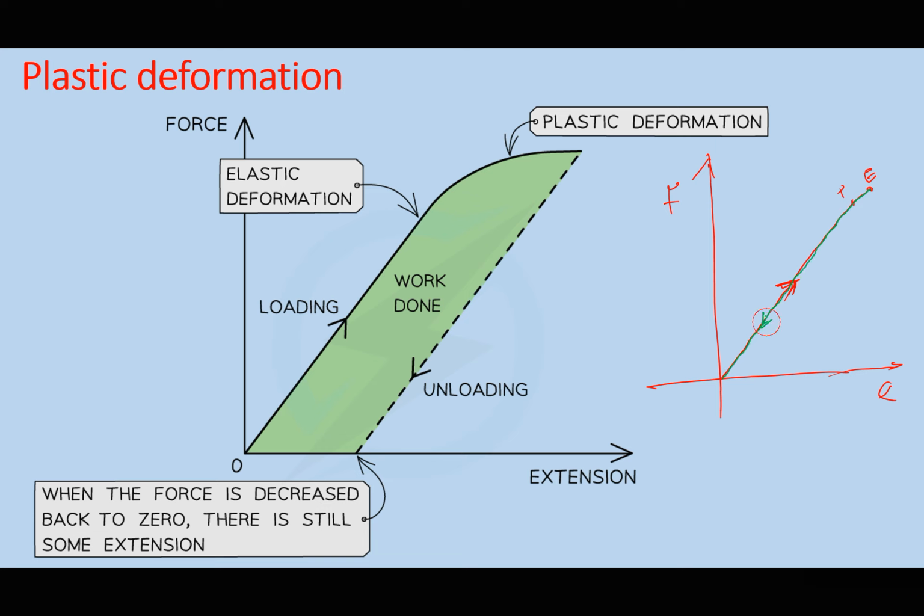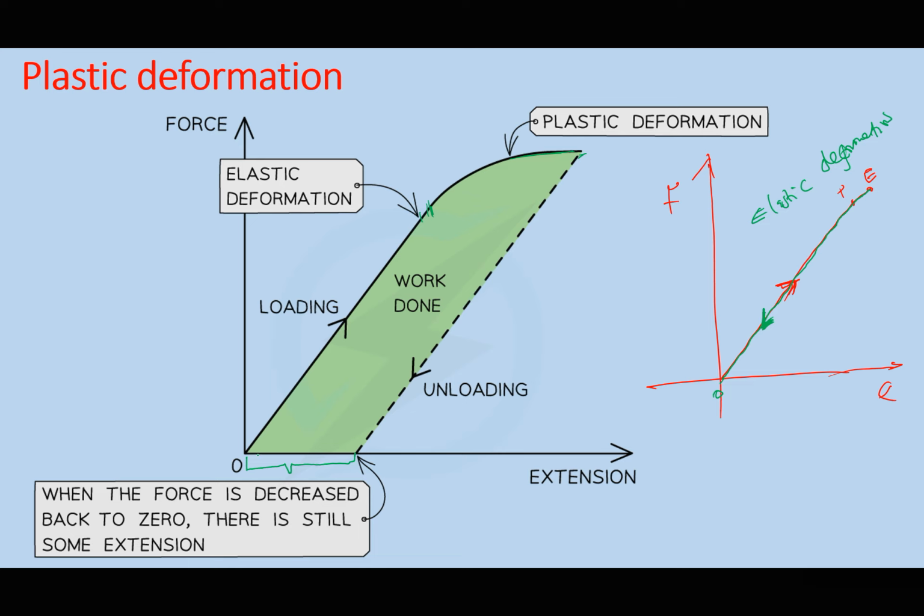So this will be unloading. As the load is removed, the extension decreases until it goes back to zero. This is for elastic deformation. But for plastic deformation, we notice that when the loading takes place beyond the elastic limit, for example, it undergoes plastic deformation, and when the deforming force is removed, we notice that some extension is retained.